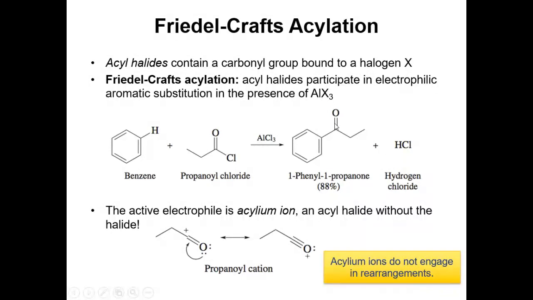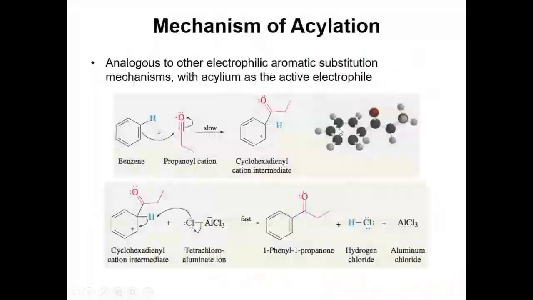A ketone is a compound with a carbonyl group, both sides connected to a hydrocarbon group, meaning a carbon-based group. Here the left side is a carbon-based group, and the right side is also a carbon-based group. So this is a ketone, and because one of the hydrocarbon groups is an aromatic group, it is an aromatic ketone.